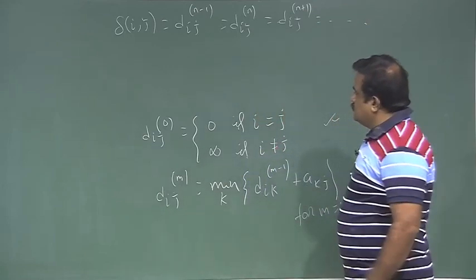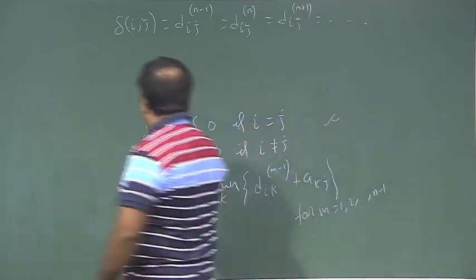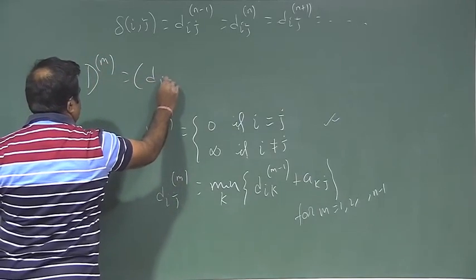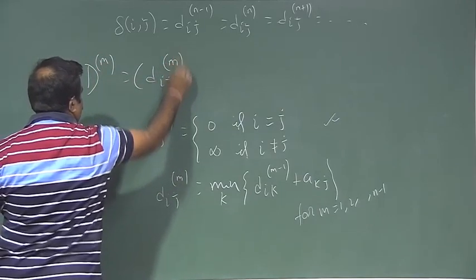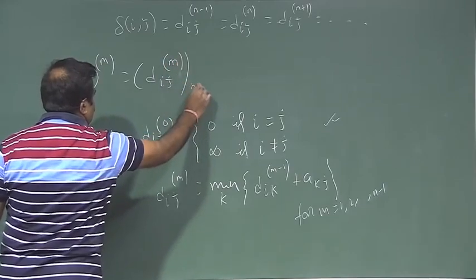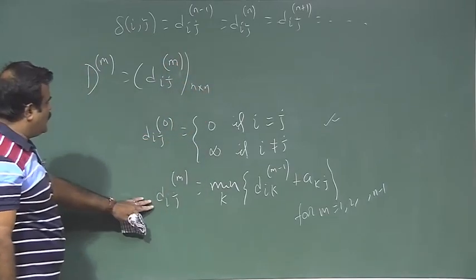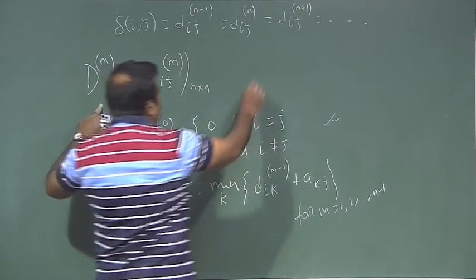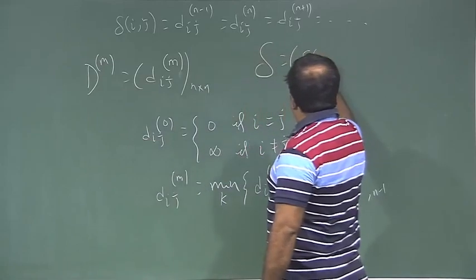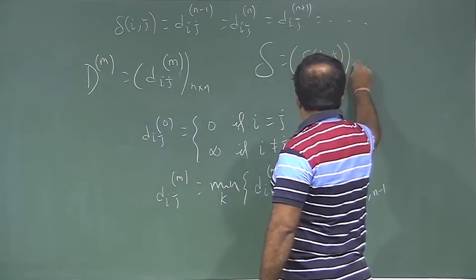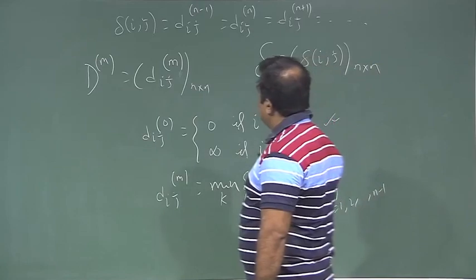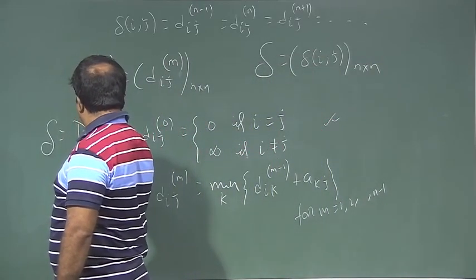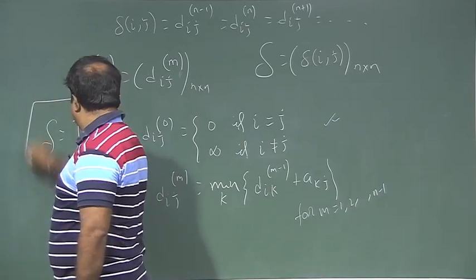If you write this in matrix form, the matrix D^m is basically the n cross n matrix of Dij^m. The ij entry of this matrix gives the delta matrix. So the delta matrix is D^(n-1), or D^n we can say.